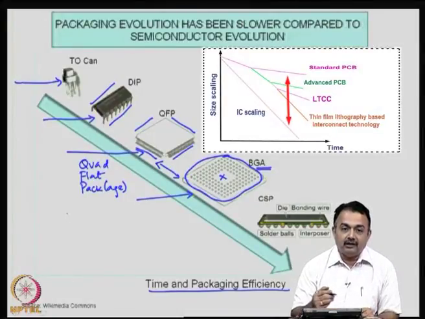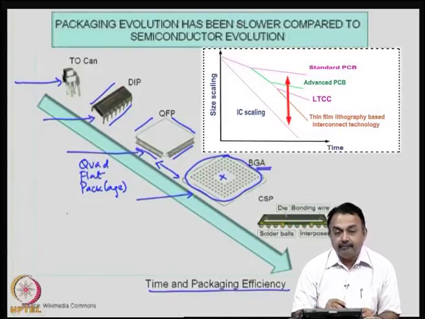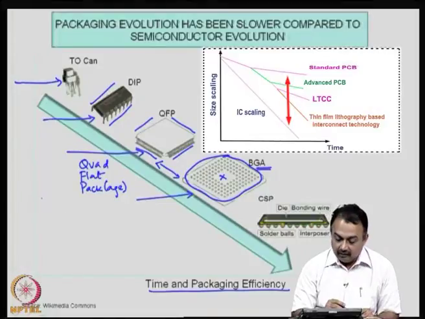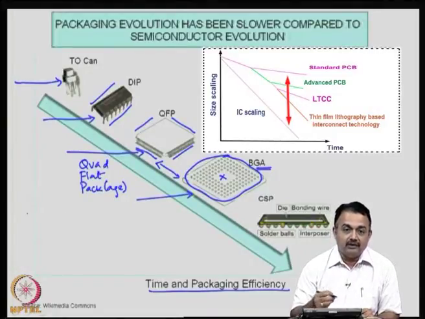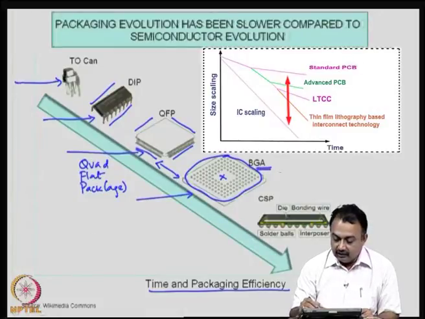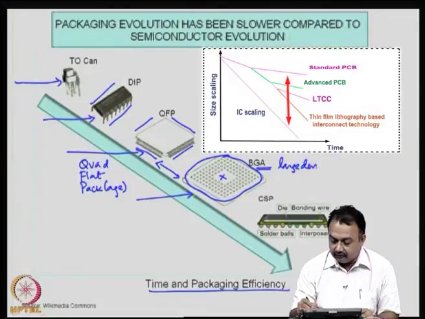So, directly under the die you really do not have to mount the IO pins, but effectively and theoretically you can even utilize those areas. So, here you can expect large density, large IOs.